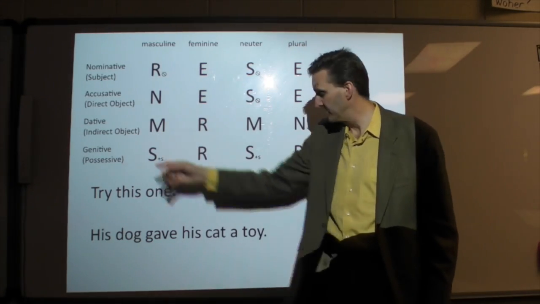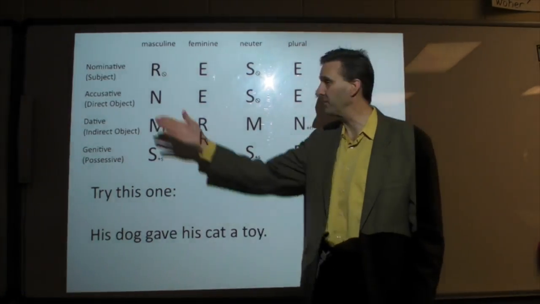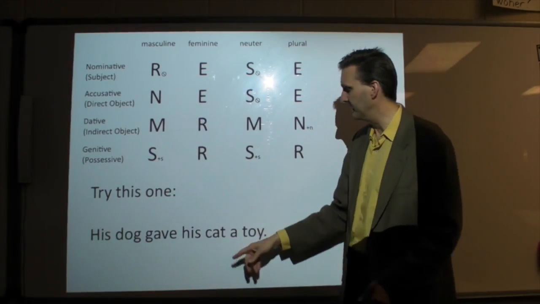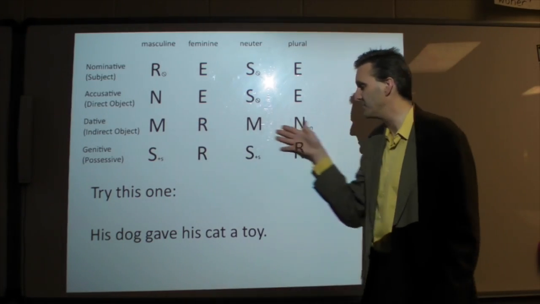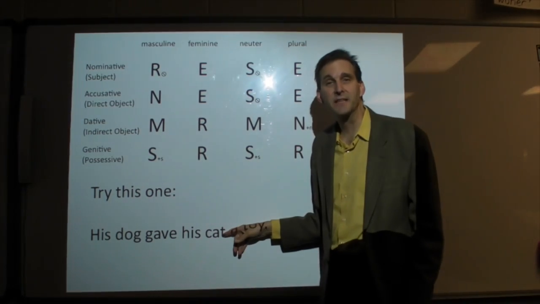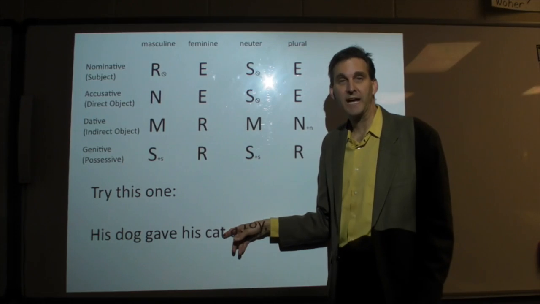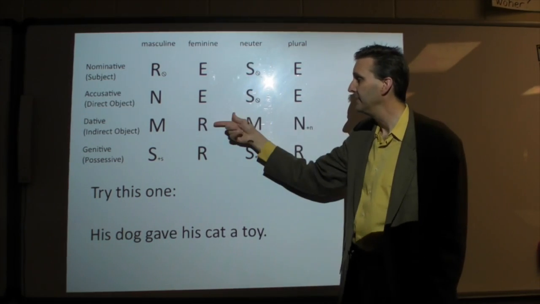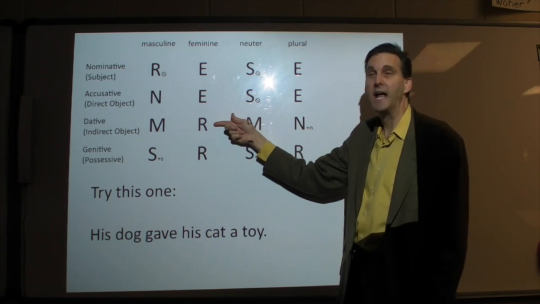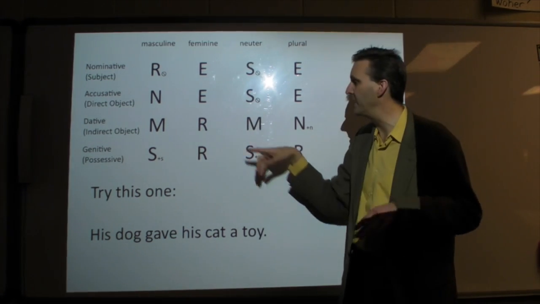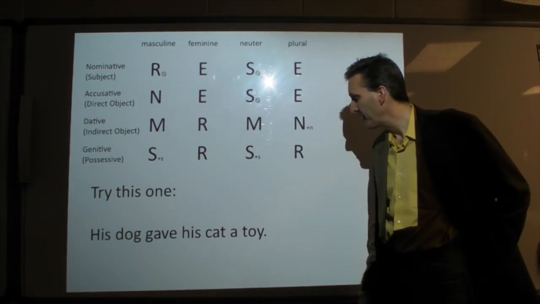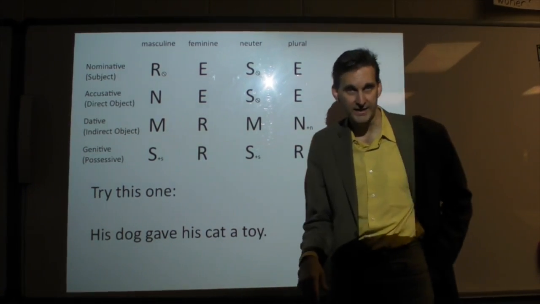Indirect object. The toy is what's being given, so that's the direct object. Who is receiving the toy? The cat. Okay, so the cat's the indirect object. Katze ends with an E, which your guess is going to be feminine, and that is a good guess. So feminine, indirect object. We have an R, and there's no orphaning sign, so we keep the R. Seiner Katze, and then a toy is a Spielzeug.